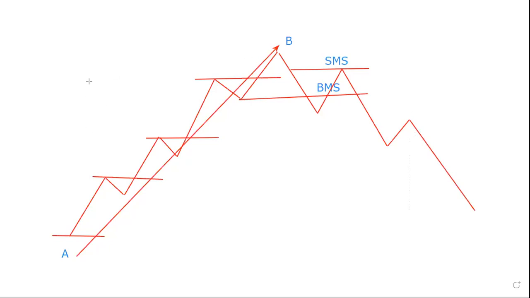So on a bullish trend, we have what we call higher highs and higher lows. Higher high and higher lows.